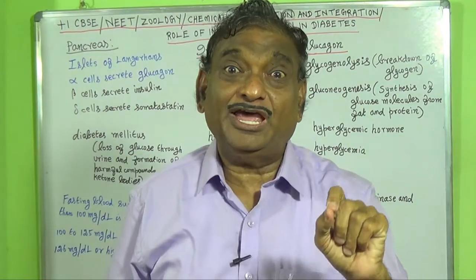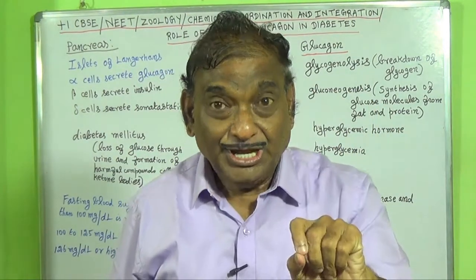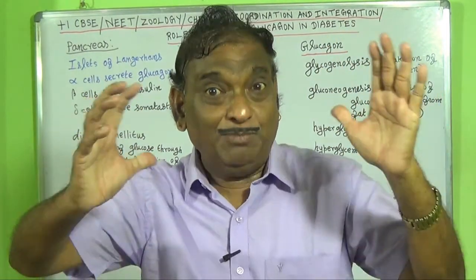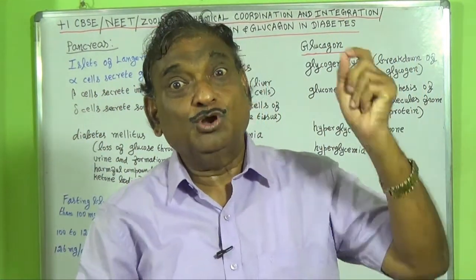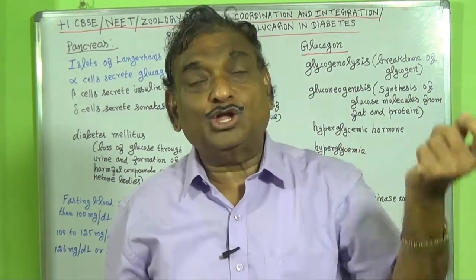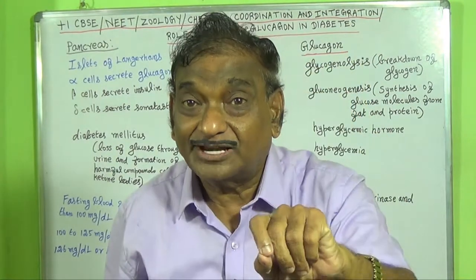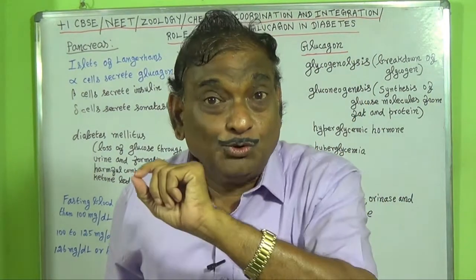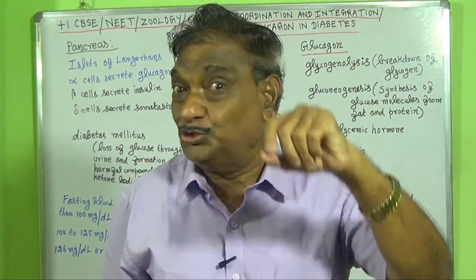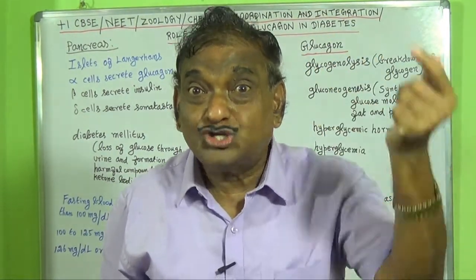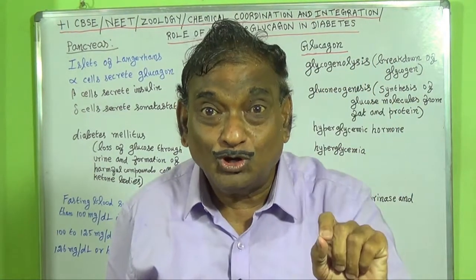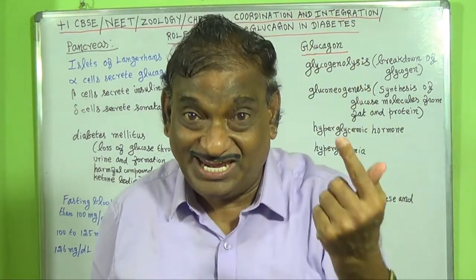The second function of insulin is, if there is excess glucose in the blood, that excess glucose is converted into glycogen and the glycogen is stored in the liver. The insulin not only converts the excess amount of glucose into glycogen, but also converts the excess amount of glucose into fatty acids.